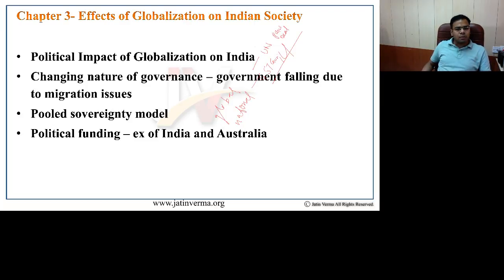Again, the sustainable development goals or MDGs are similar examples where there is a certain degree of give and take in the amount of sovereignty, the amount of independence in decision making, that is being exercised for a greater good, for the global commons. So that is the popular pooled sovereignty model that we can talk about.